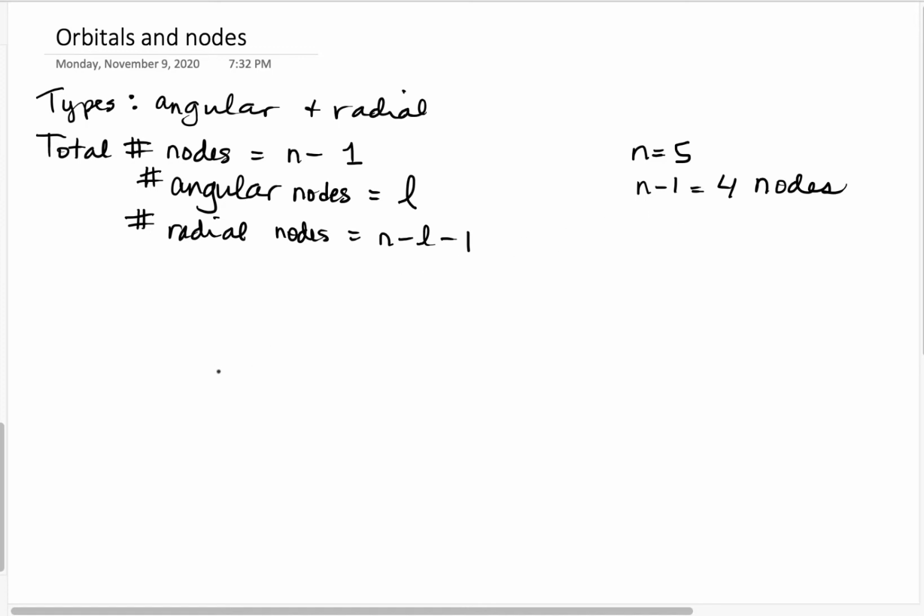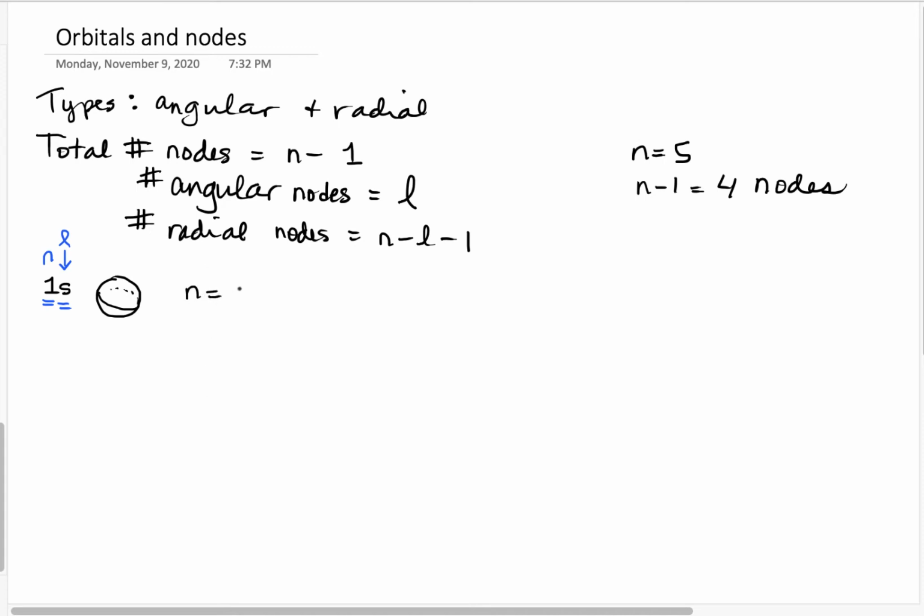So let's look at the orbitals that we've seen so far and match them up with the nodes that they have. So we had a 1s orbital, which looks like a little sphere. At least that's how we drew it. And we know that this is the n value and this is the L value. So we can figure this out.